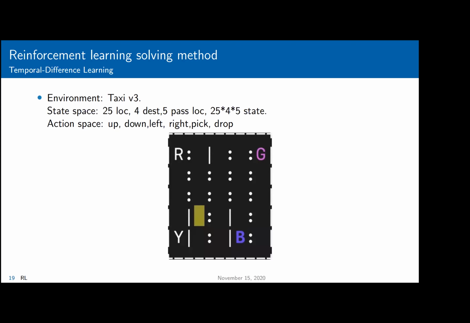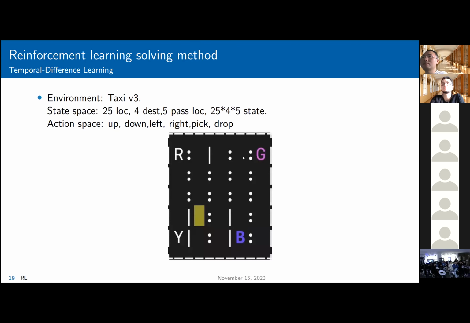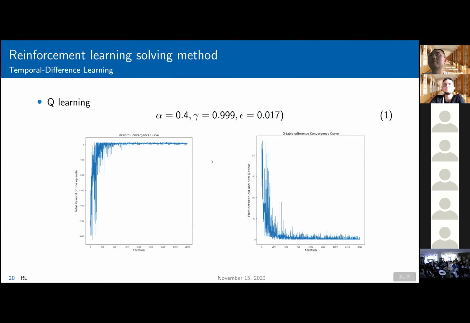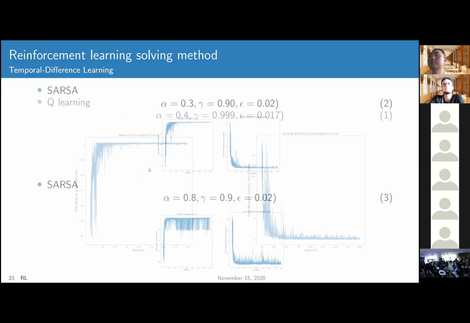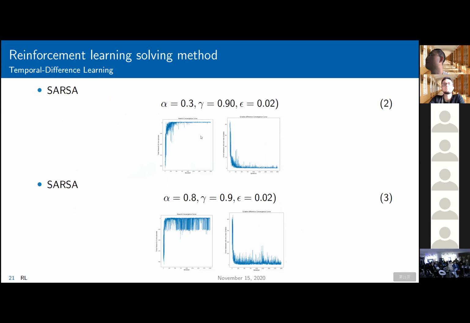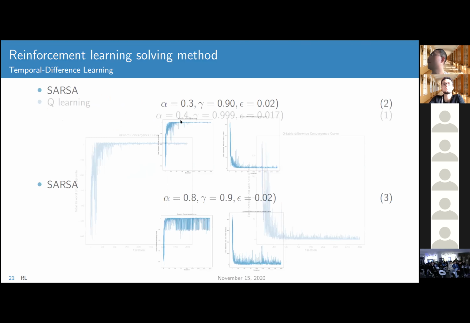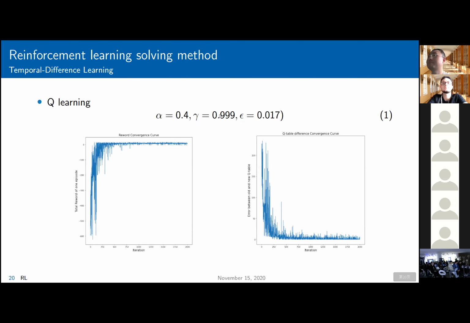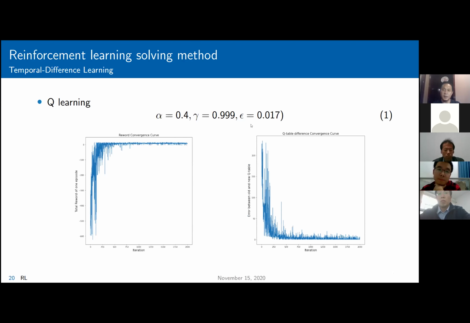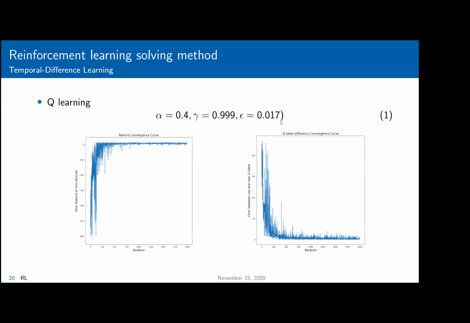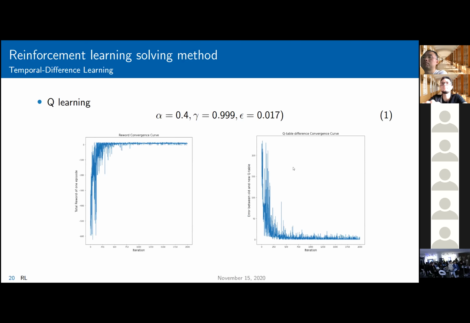When there are passengers in the taxi, it turns green. So this picture on the left is a reward convergence curve when alpha equals 0.4, gamma equals 0.999, and epsilon equals 0.017. The picture on the right is the result of error between the old and new tables.